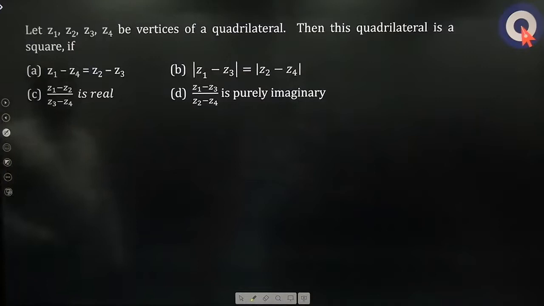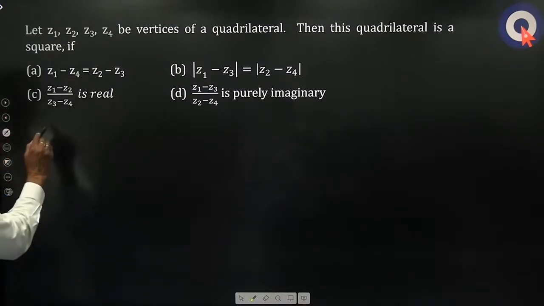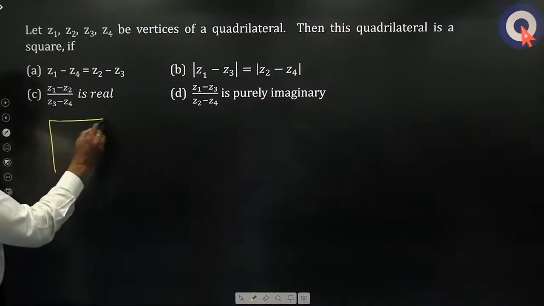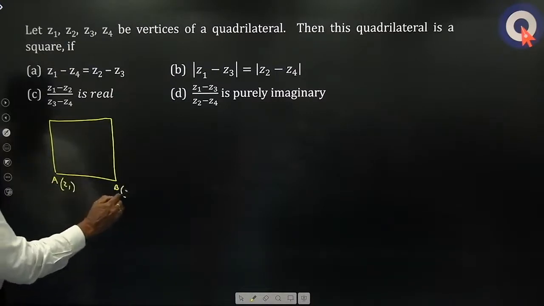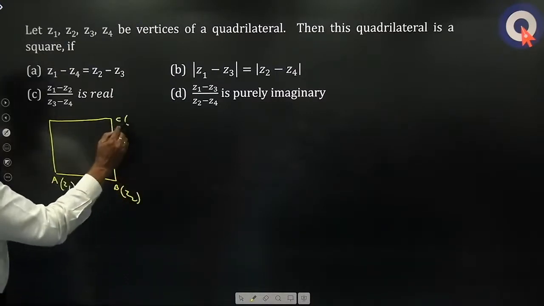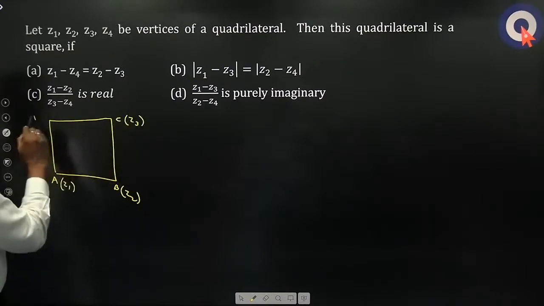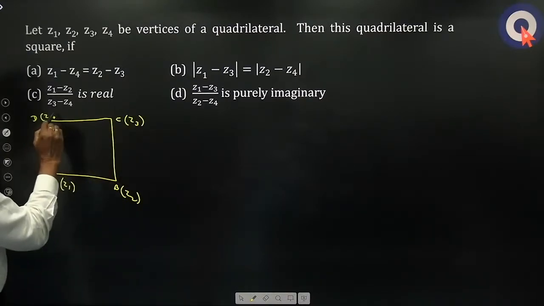All right. So let Z1, Z2, Z3, Z4 be vertices of a quadrilateral. Then this quadrilateral will become a square if, let us see these conditions, quite a direct problem. So let us say this is A Z1, B Z2, C Z3 and D Z4.